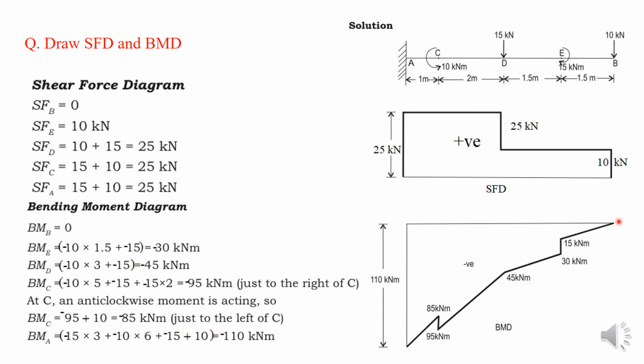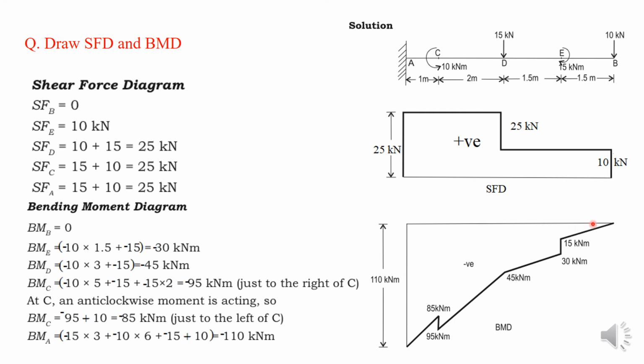So starting from B, the bending moment at the free end of the cantilever is 0. Now at E, here you can see this 10 kilonewton into 1.5, which is clockwise direction, so it is minus. So minus 10 into 1.5 minus 15, that will be minus 30 kilonewton meter. This minus 15 you have to consider at the point E only.